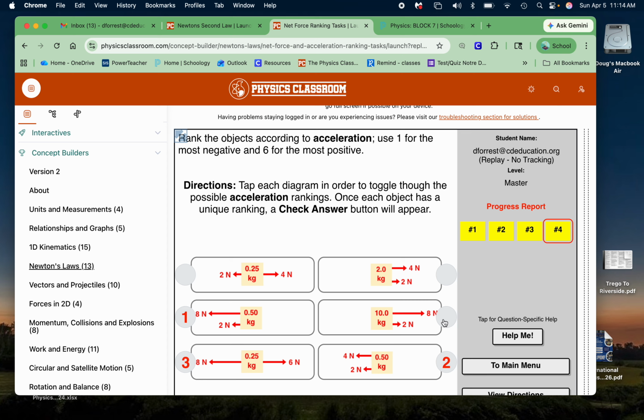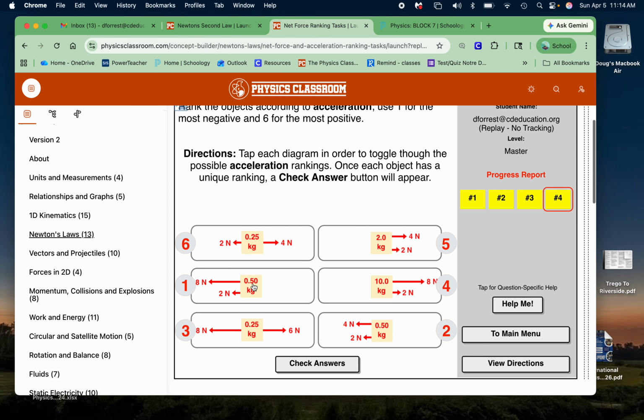So if I'm going from most negative to most positive, this is going to be positive, but not very positive. 6 divided by 2 is positive 3. So that's going to be more positive. And then even though this is only 2 newtons of net force, 2 newtons divided by 0.25 is positive 8 meters per second squared. So that would be the most positive acceleration.